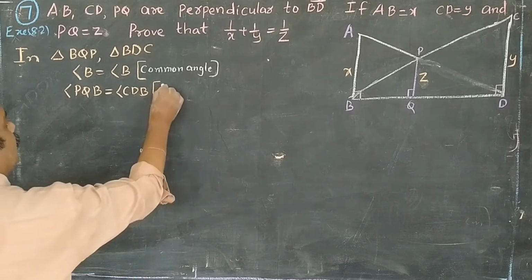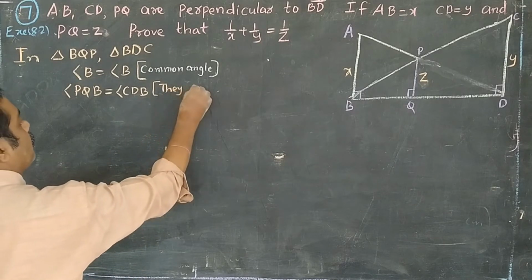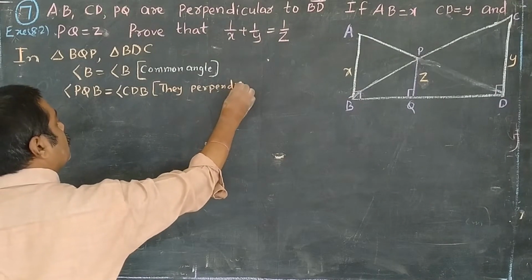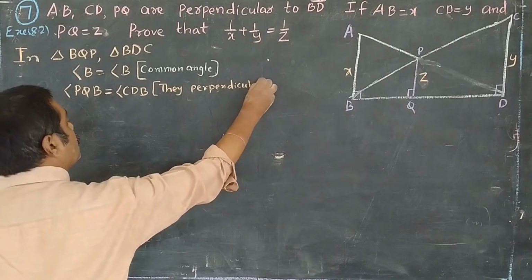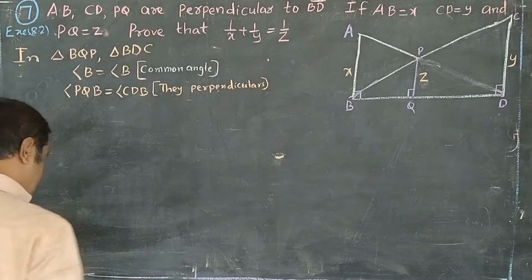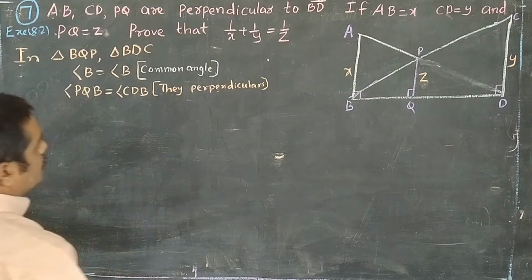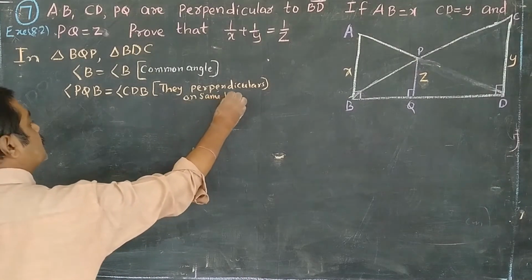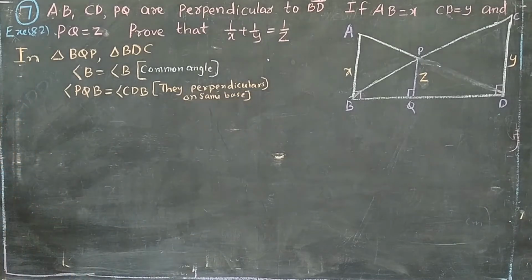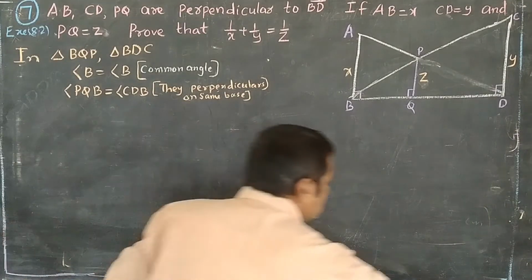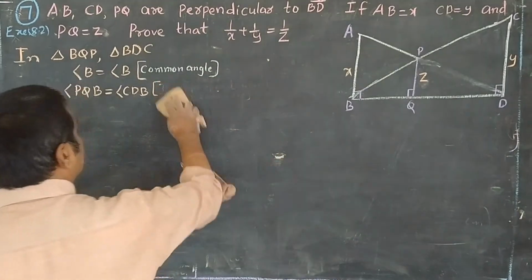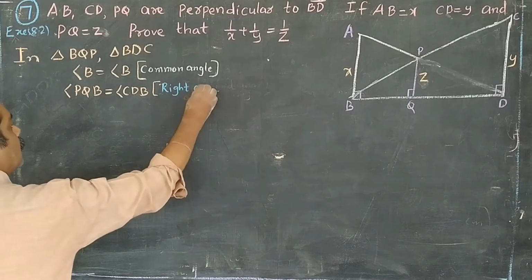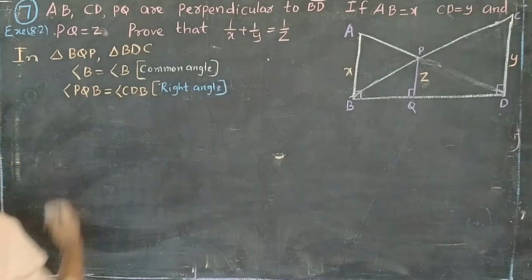They are perpendiculars, or 90 degrees, right angles, perpendiculars on the same base.